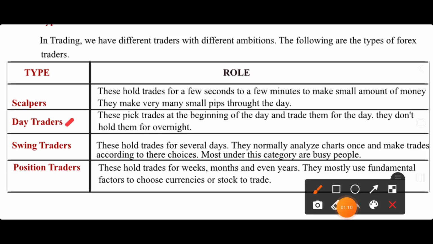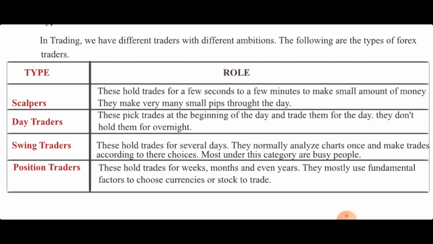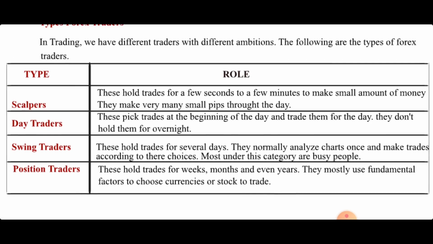Another type is the day traders. The law of these day traders is that they pick trades at the beginning of the day and trade them for the day. They don't hold them overnight. Some hold for as much as up to 4 hours or even up to 8 hours, and some trade for the whole day. What do I mean?